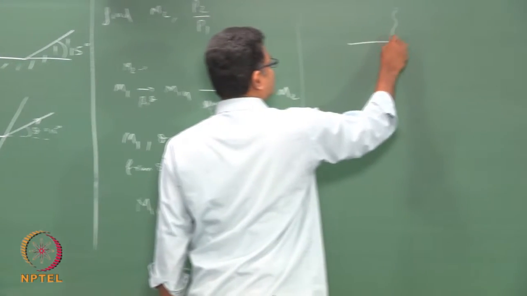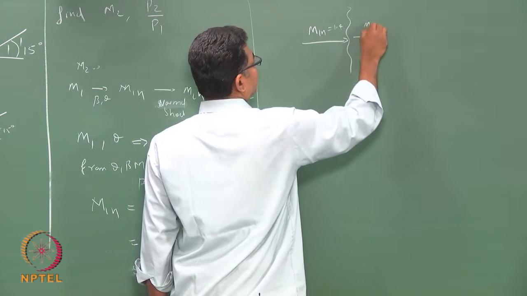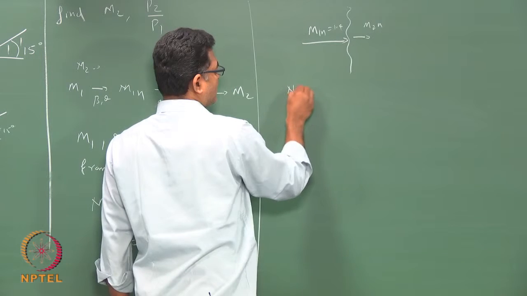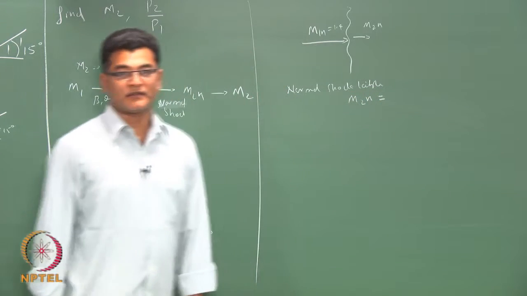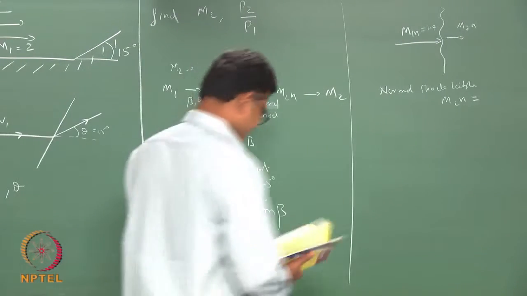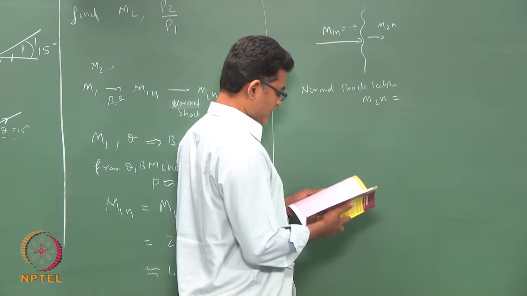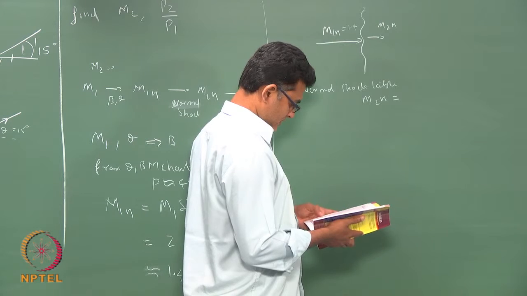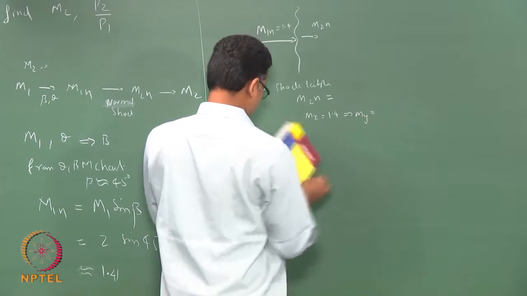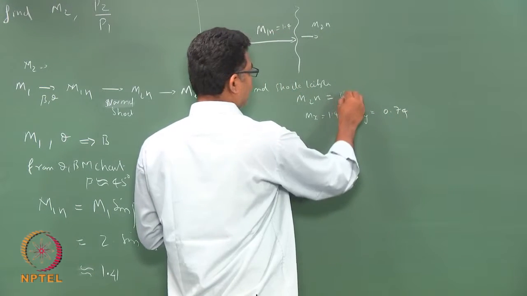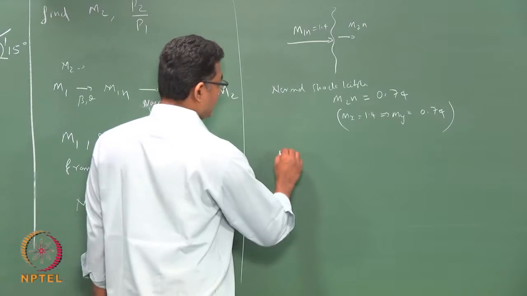So, the shock is facing a normal component of the velocity with Mach number 1.41, and your M2n from the normal shock table, for gamma equals 1.4, with Mx around 1.4, My is 0.74, which is my M2n.